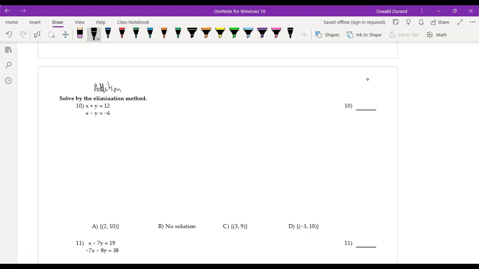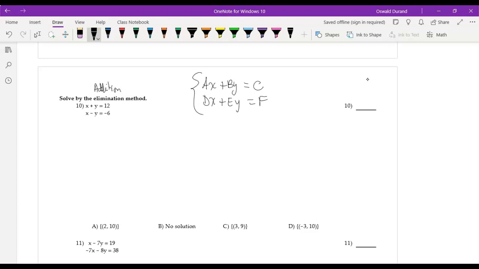But before I start, if you want to use the addition or elimination method, you have to have the two equations in standard form, meaning ax plus by equal to c, and the second one would be dx plus ey equal to f.